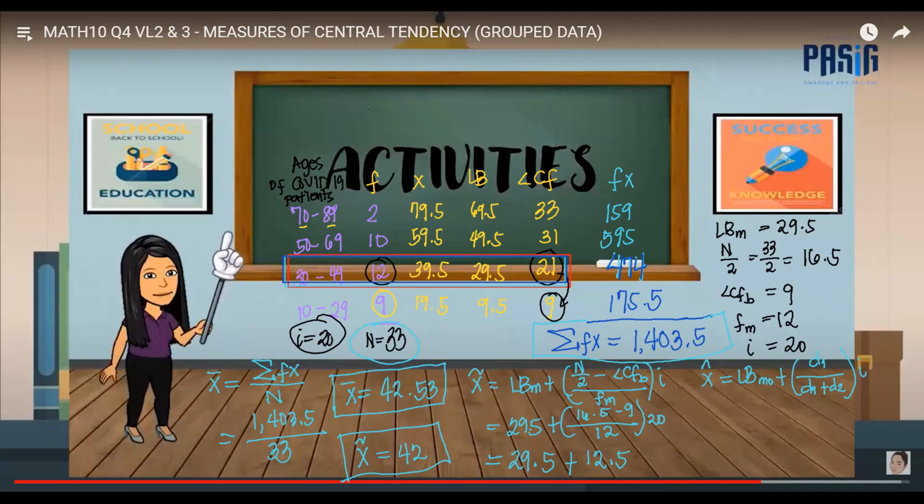Nagkataon lang na dito sa sinosolve natin, pareho sila. So, ano yung kailangan natin? Kailangan natin yung lower boundary ng modal class. At yung lower boundary niya ay 29.5.